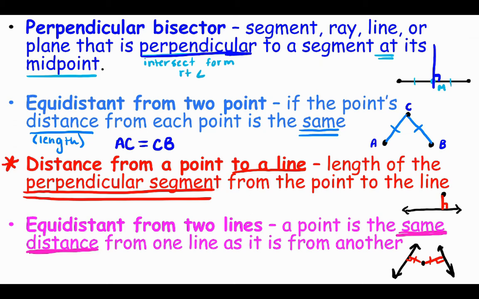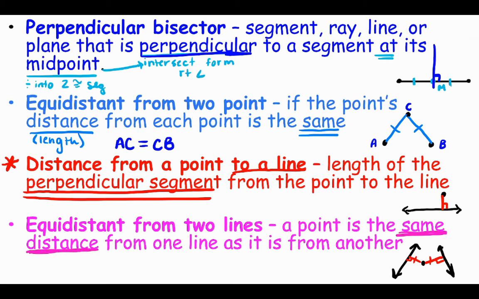Our intersection itself is at the midpoint. And remember that the midpoint will divide the segment into two congruent segments. So those two pieces on either side of the midpoint will be congruent to each other.